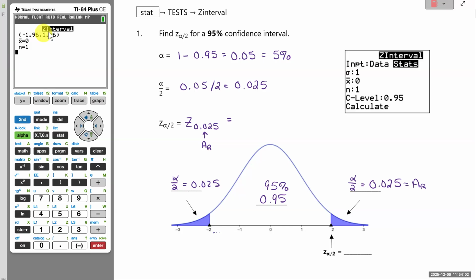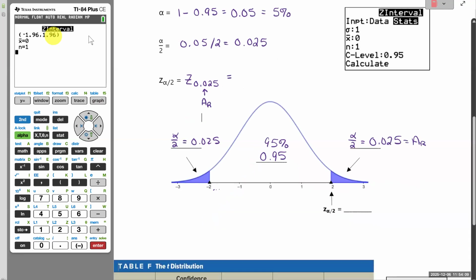You'll see it gives two z-scores, a negative and a positive. On my graph here, this z-score to the left of 0 would be negative 1.96. And the z-score that we were looking for, the critical value, is the positive 1.96. So z subscript 0.025 is 1.96.